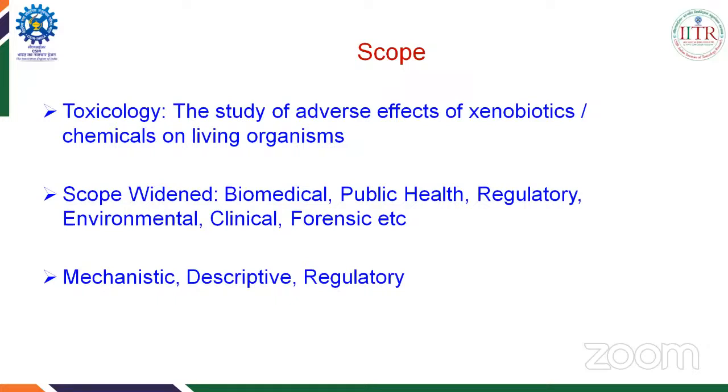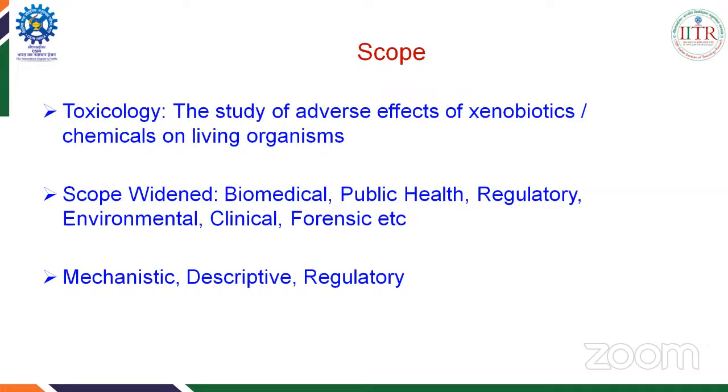Coupled with that were various public health and environmental issues, like air and water pollution. So when we talk about toxicology testing, institutes and organizations are also involved in all these various aspects.